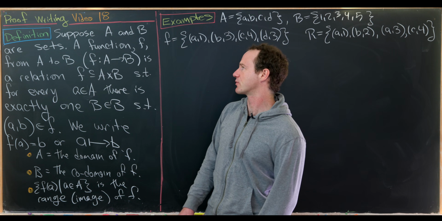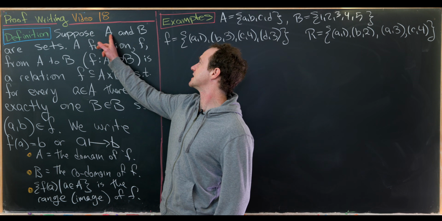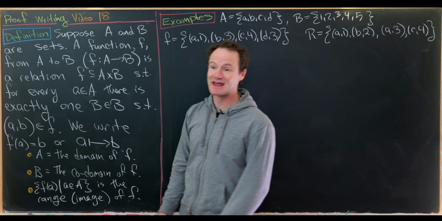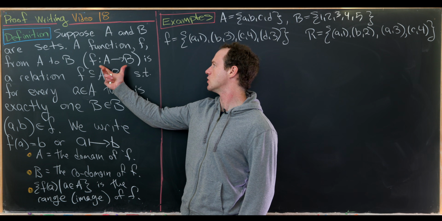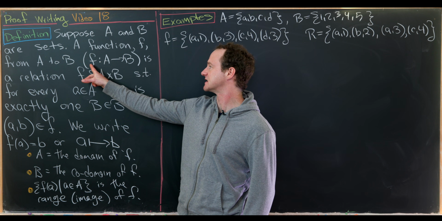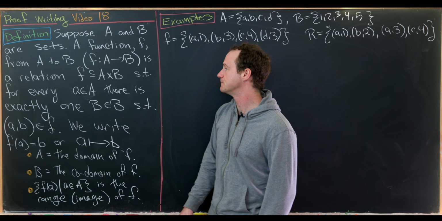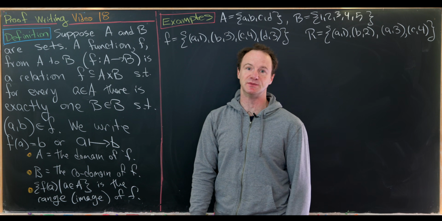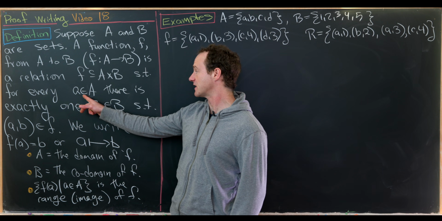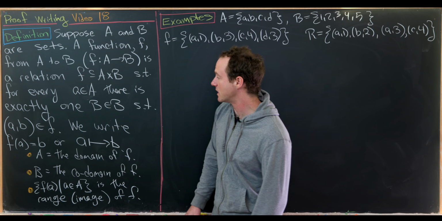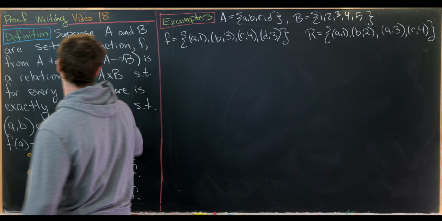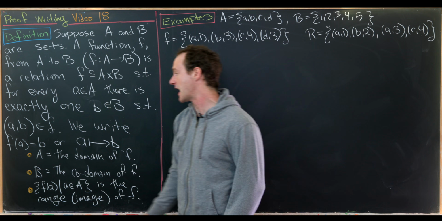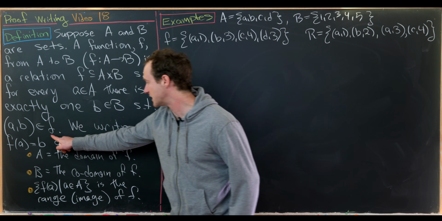So let's look at our proper definition. We'll suppose that A and B are sets, and then a function f from A to B, which we'll denote with the following notation, read as f is a function from A to B, is a relation. That means it's a subset of A cross B, such that for every a in A, there is exactly one b in B, that should be a lowercase b, such that the ordered pair (a, b) is an element of f.